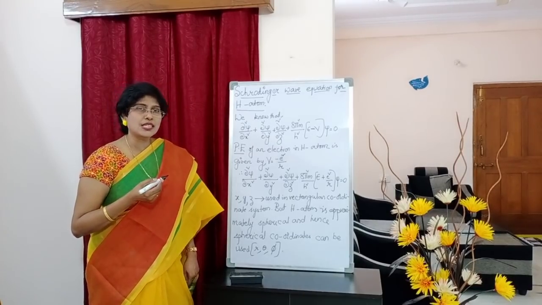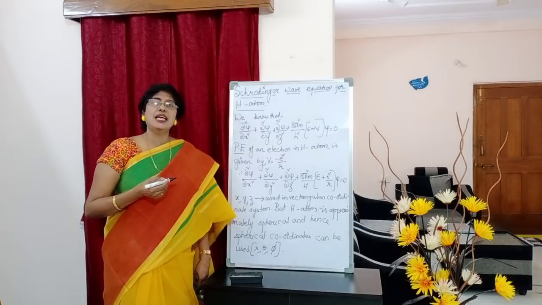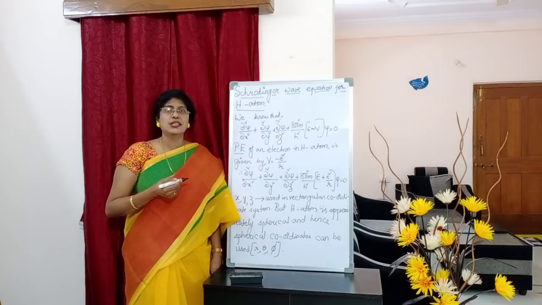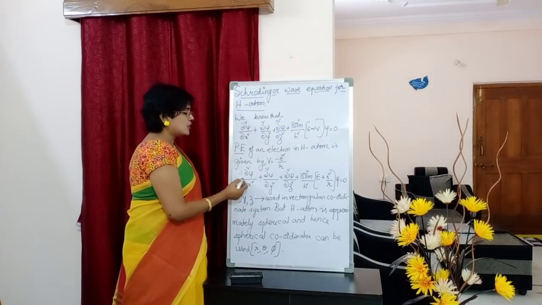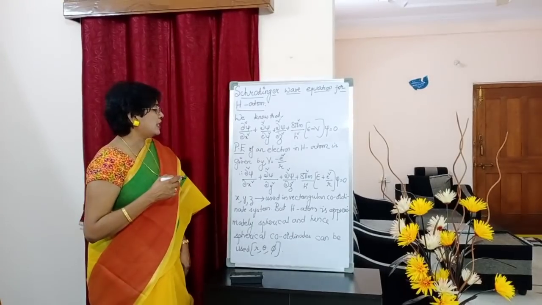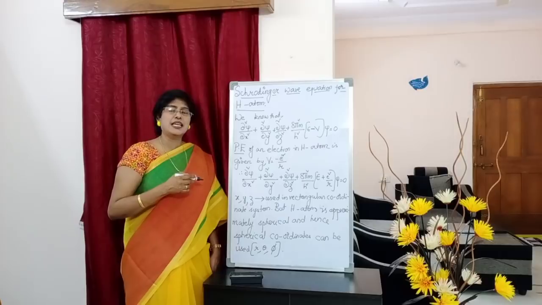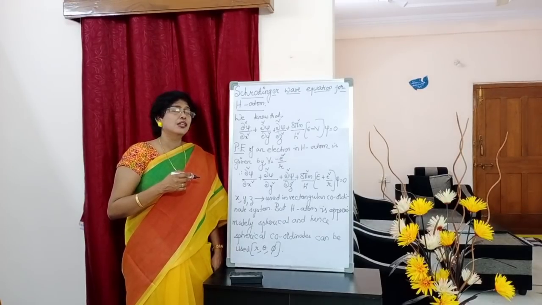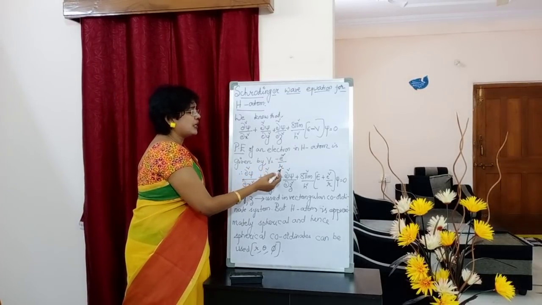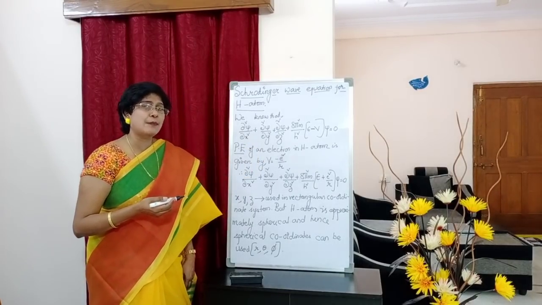Write down below: substituting V value in the above equation, we get dou square psi by dou x square plus dou square psi by dou y square plus dou square psi by dou z square plus 8 pi square m by h square into E minus V. Instead of minus V, you will be writing e square by r, since V is minus e square by r, so minus into minus becomes plus.